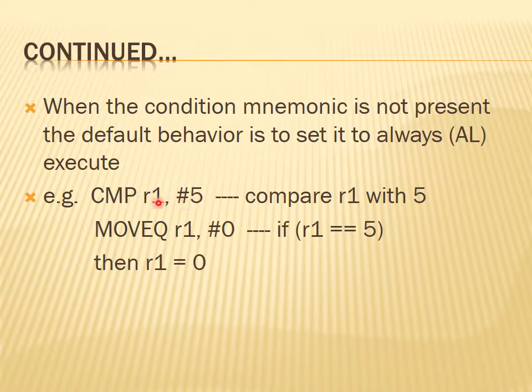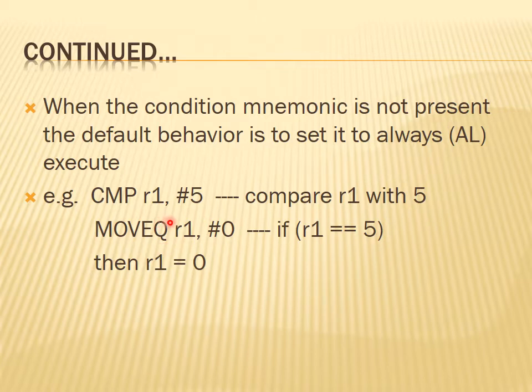It means if in the earlier instruction the two values, R1 contents and 5, are matching, then and only then this instruction will be executed. So if the contents of R1 match the number 5, then only the 0 will be copied into R1. So this is called conditional execution.